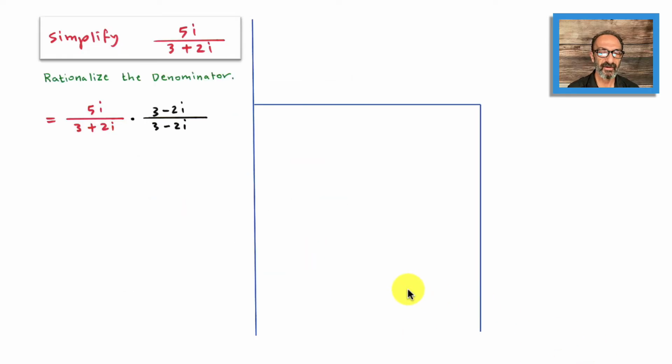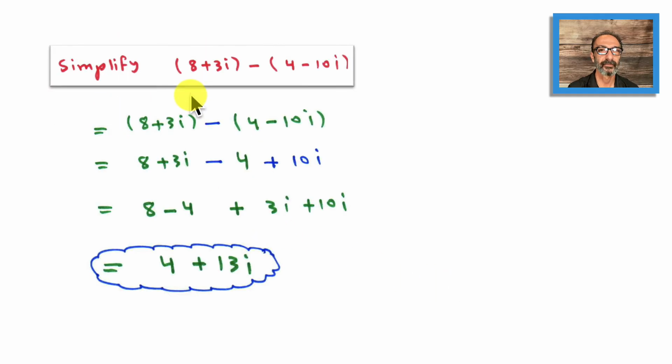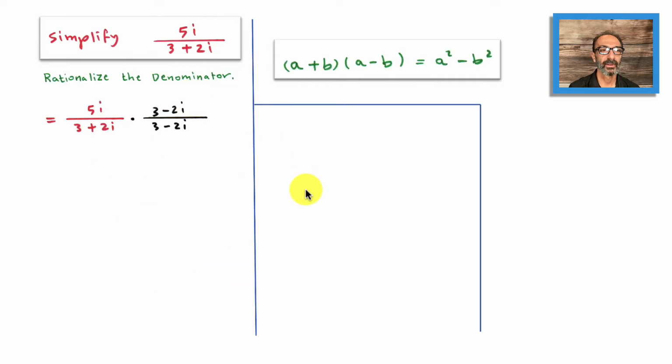To simplify 5i over 3 plus 2i, we're going to rationalize the denominator. So we multiply the denominator, which is the complex number 3 plus 2i, times its conjugate. To do that accurately, we have to multiply top and bottom to keep the equal sign.